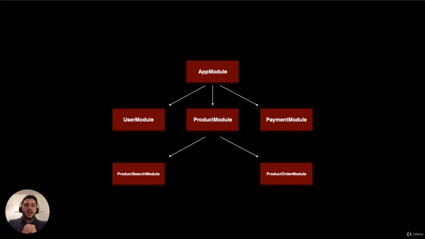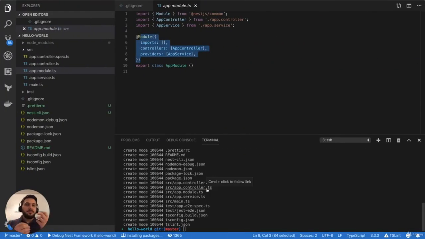So in our example, product module can consist of product search module or product order module, etc. We'll come back to this concept later. For now, it's important to remember that Nest modules differ from TypeScript modules, and we should treat them more like bundles. Such bundles can be nested.